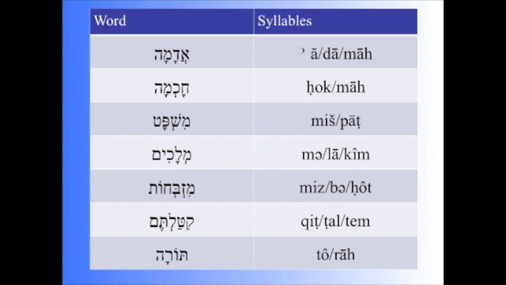In this case, the dagesh is doubling the tet, and we see this in the transliteration. So kit, tal, tem. Notice that we again have a short vowel, and so this is a silent shva.